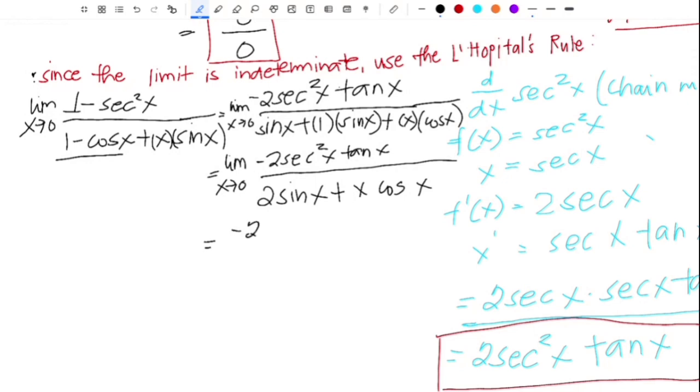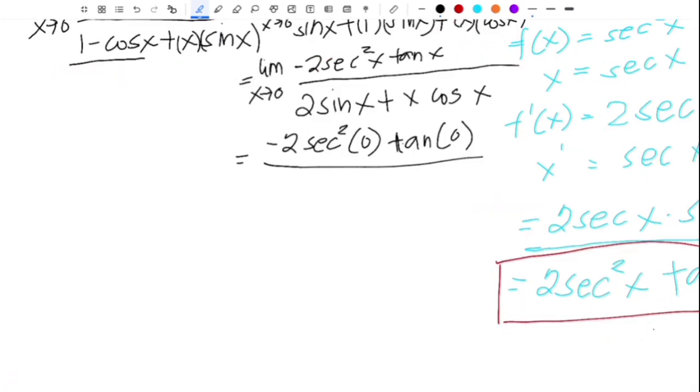Okay, we have negative 2 secant 0 squared, tangent 0, over 2 sine 0 plus 0 cosine 0.